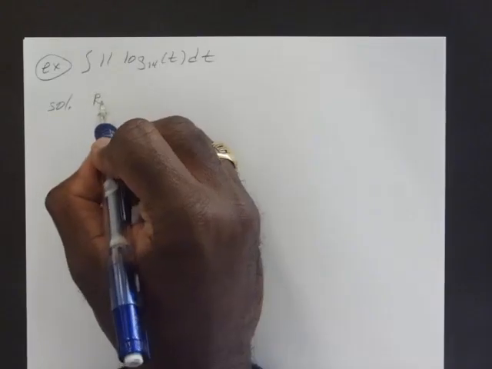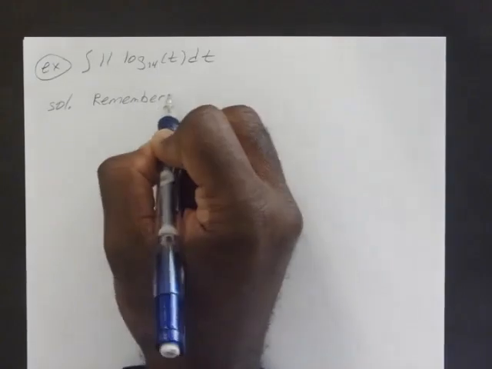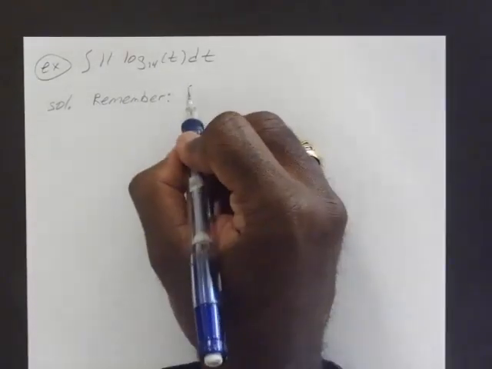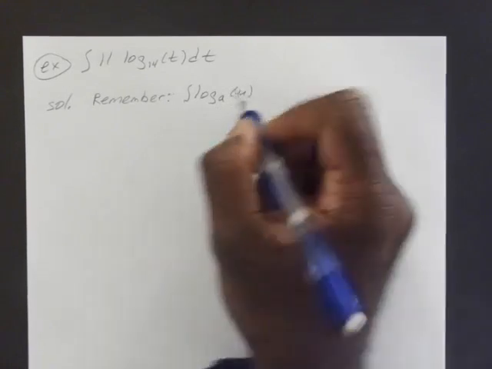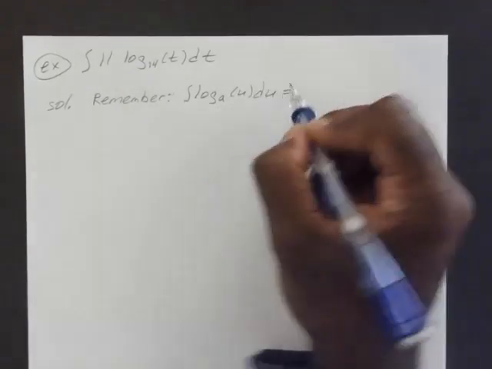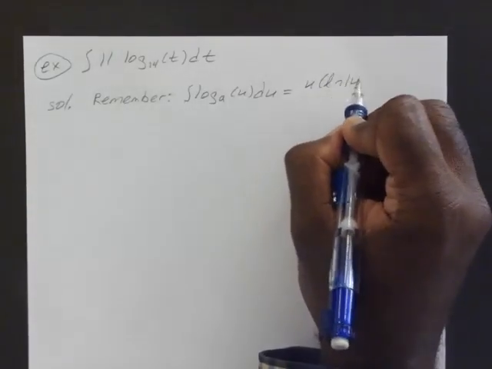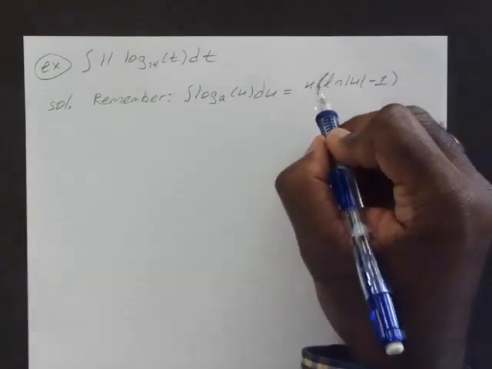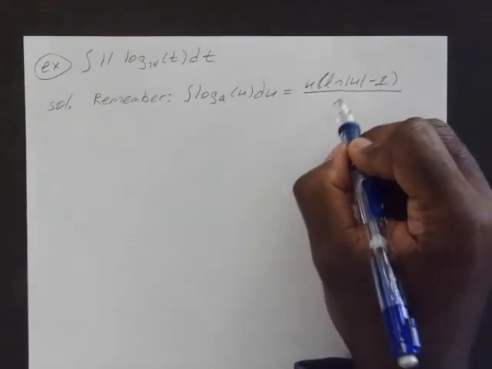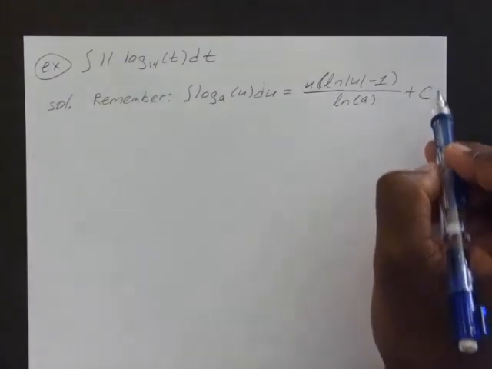So we just have to remember that the integral of log base a of u du is equal to u times the natural log of the absolute value of u minus 1, all that divided by the natural log of a, plus c.